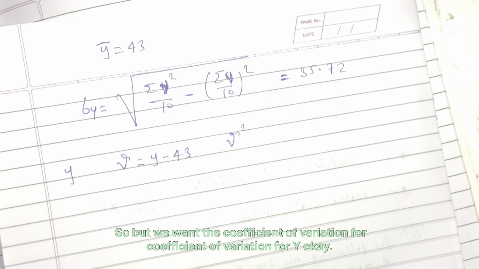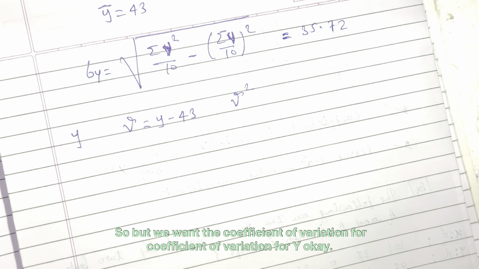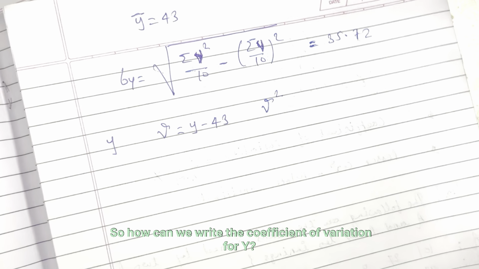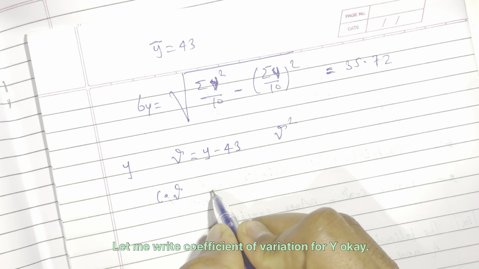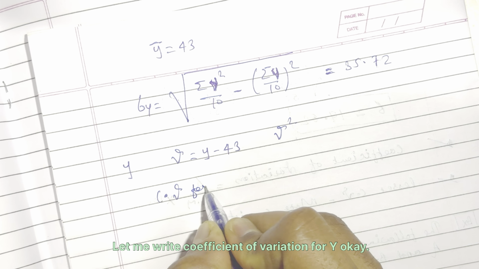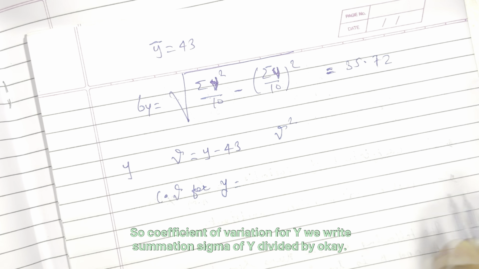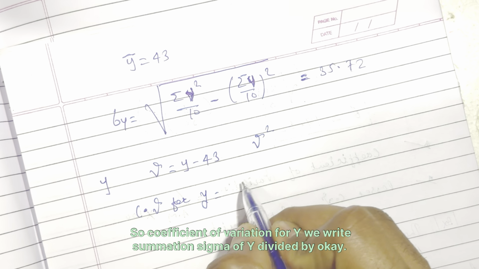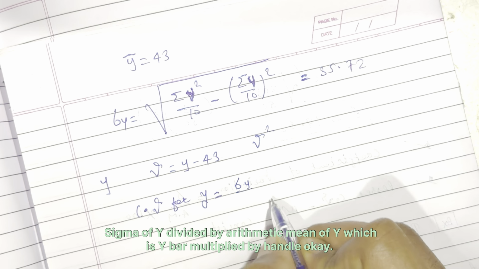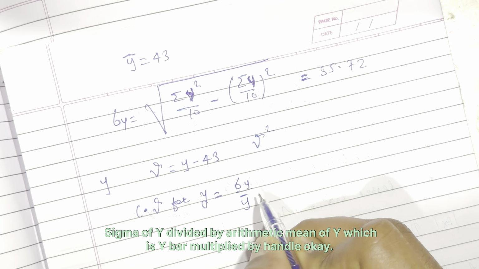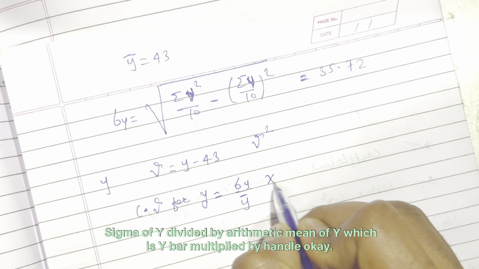But we want the coefficient of variation for y. So how can we write the coefficient of variation for y? Let me write coefficient of variation for y. We write sigma of y divided by arithmetic mean of y, which is y bar, multiplied by 100.